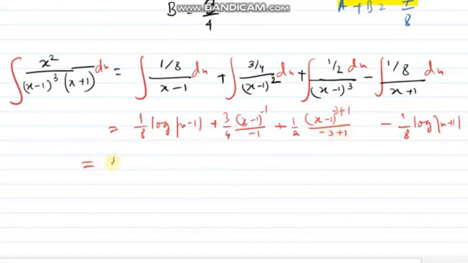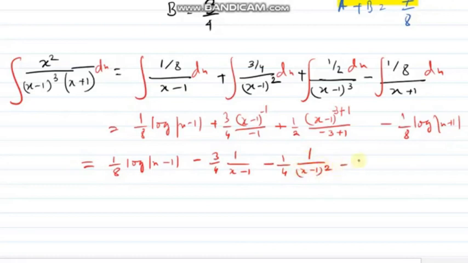So your final answer is 1 divided by 8 log of mod (x minus 1) minus 3 divided by 4 into 1 divided by (x minus 1), minus 1 divided by 4 into 1 divided by (x minus 1) whole square, minus 1 divided by 8 log of mod (x plus 1). This was the last line of integration, so I am adding plus c, the integration constant.